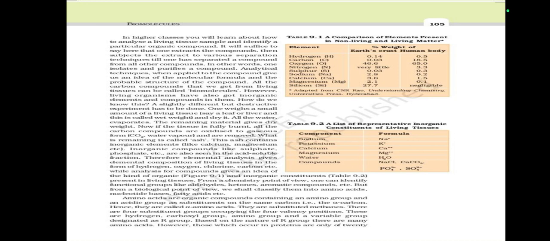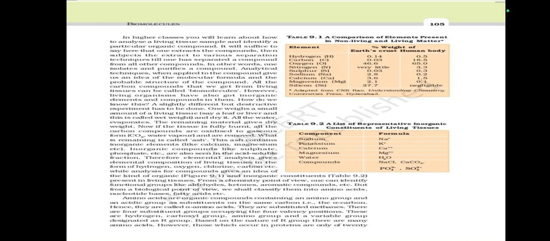Therefore, elemental analysis gives the elemental composition of living tissues in the form of hydrogen, oxygen, chlorine, carbon, etc. While analysis for compounds gives an idea of the kind of organic (figure 9.1) and inorganic constituents (table 9.2) present in living tissues from a chemistry point of view.